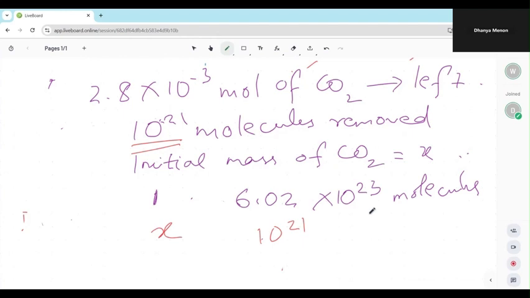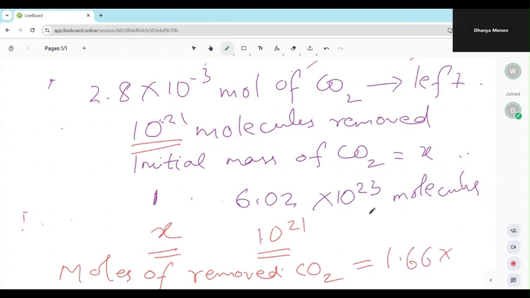So 10 raised to 21 molecules is how many moles? When you solve, you get the moles of removed carbon dioxide as 1.66 times 10 raised to minus 3.